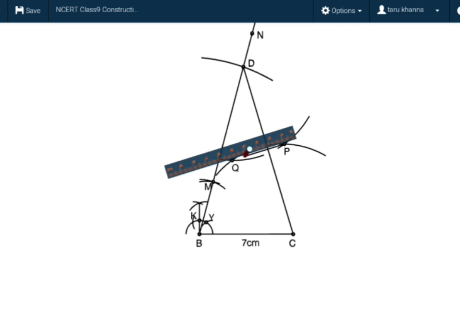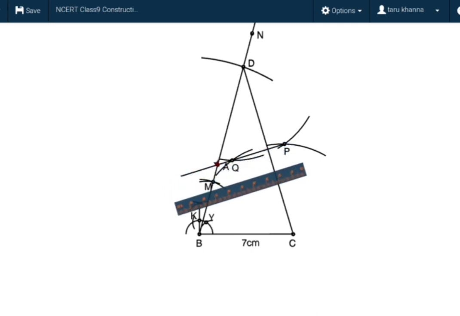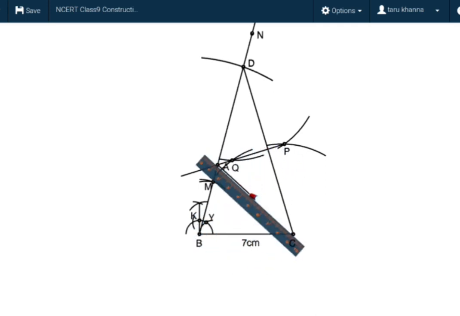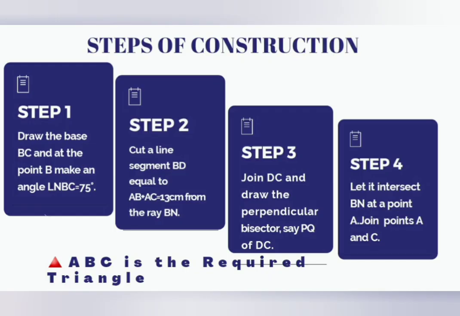We will join it and extend it such that it meets BD at a point. We will mark this point as point A and join AC, and triangle ABC is the required triangle.